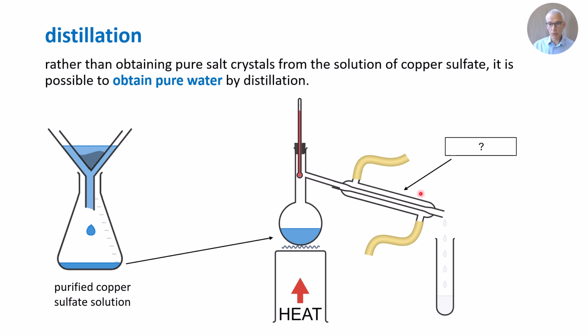What is the name of this piece of apparatus that I am highlighting? It's a condenser. If I'm collecting pure water, what would be the temperature reading on the thermometer? It would be 100 degrees Celsius or very close to that.